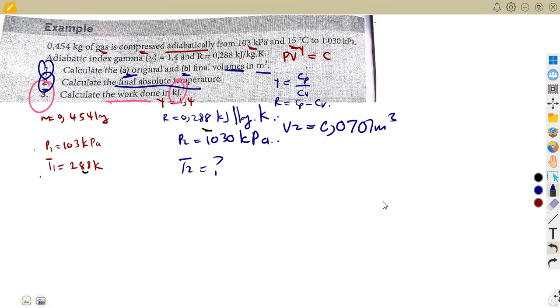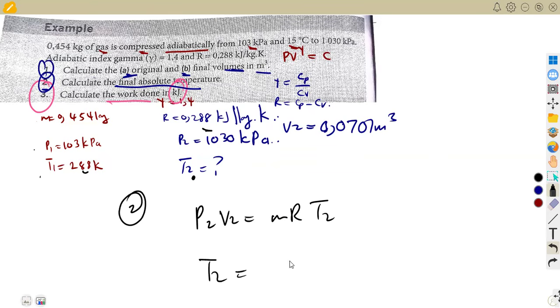From our PV equation, it can work this time because the volumes are there: P2 V2 is equal to M R T2. I want to find T2, so I divide by MR. Let us substitute.